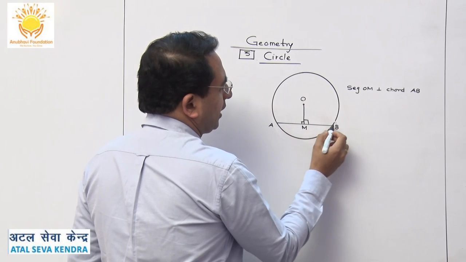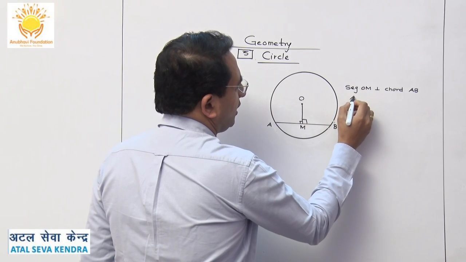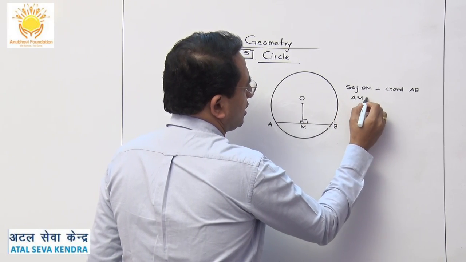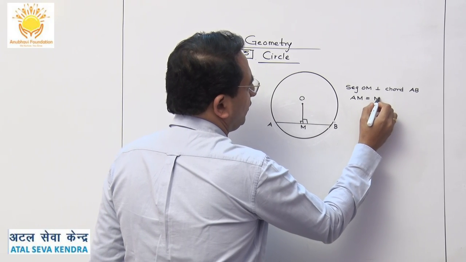So ultimately what happens, AM is becoming congruent with MB.